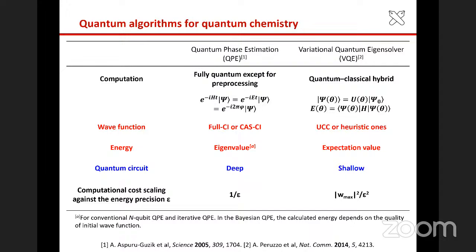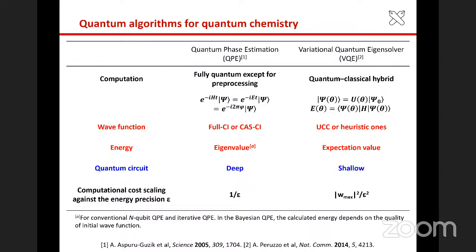If we use VQE, this is basically a quantum-classical hybrid algorithm. So the basic idea is very simple. First, we apply some unitary operation to some initial state, which corresponds to the wave function, and we can calculate the energy expectation value by using this equation.